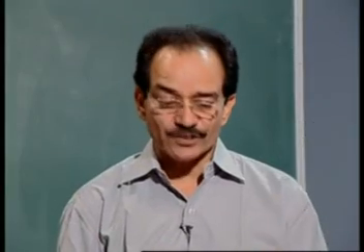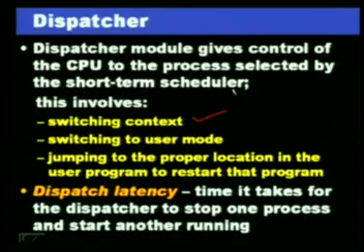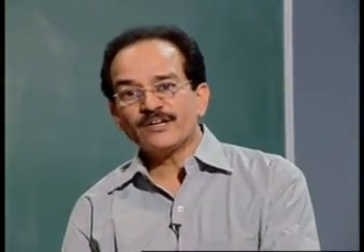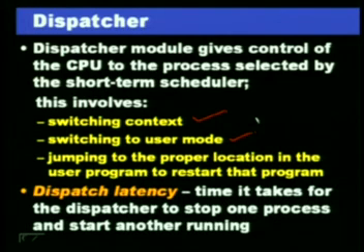Now, what are the things which are involved over there? Maybe it has to go for the context switching, meaning one job which was already there has been taken out and a new job has been loaded. So, this involves this, or switching to the user mode, or jumping to the proper location.